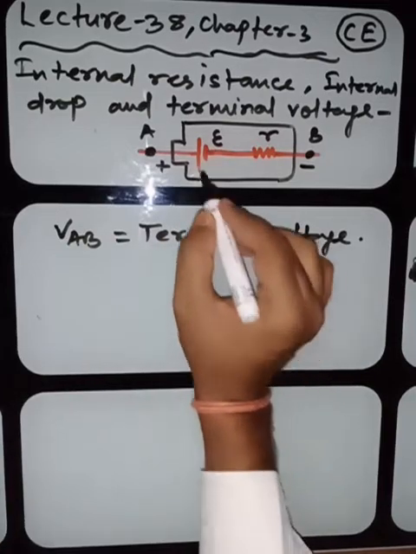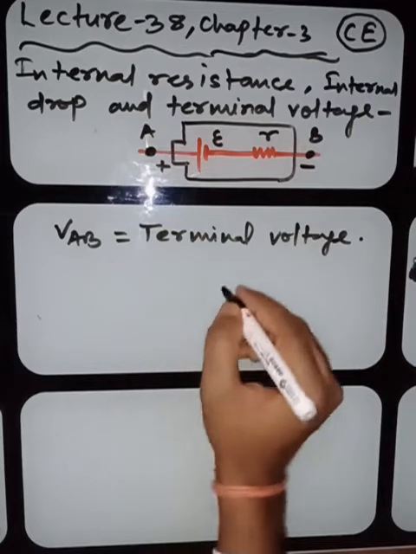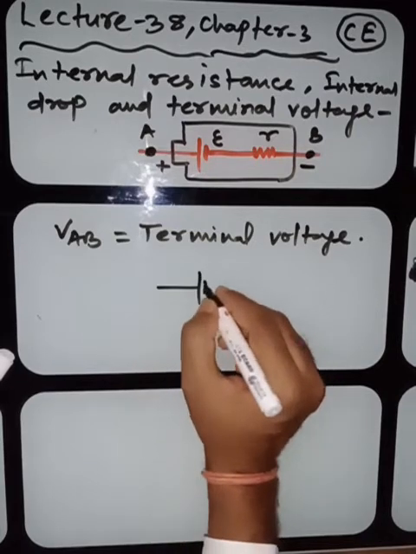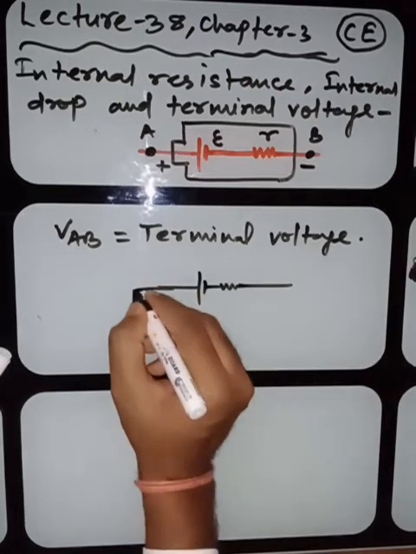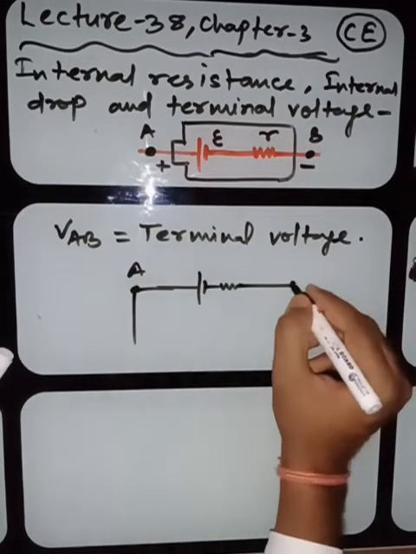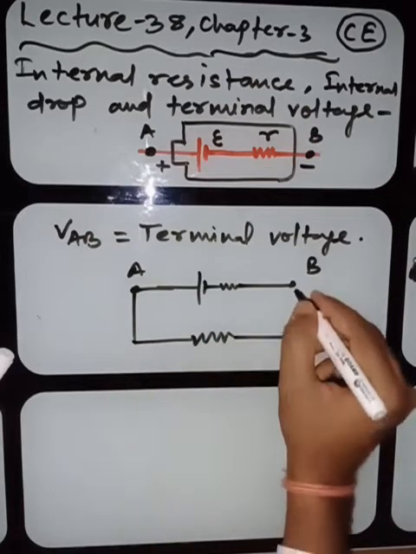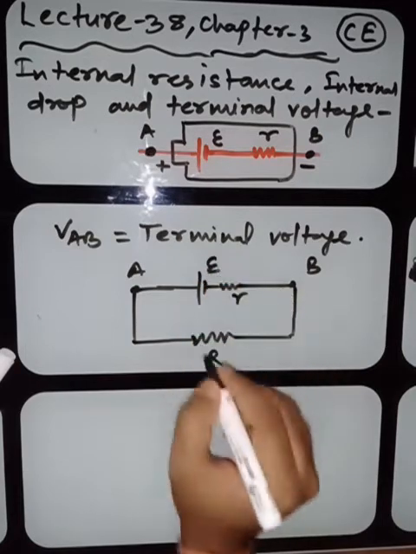So if current flows through this circuit, look here again, if this is the cell of internal resistance r, and the terminals A and B are connected with a load resistance, say R. This is the internal resistance r and this is the EMF.